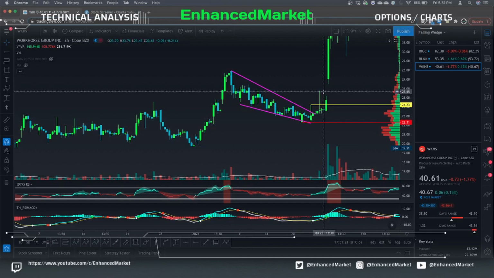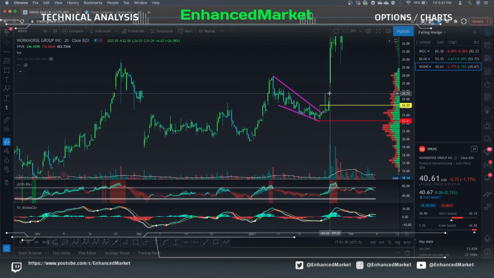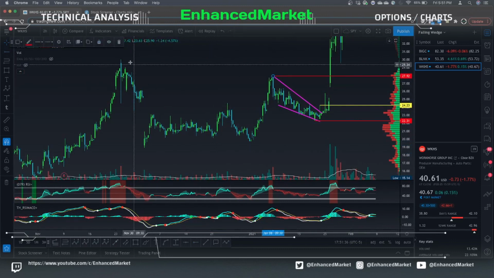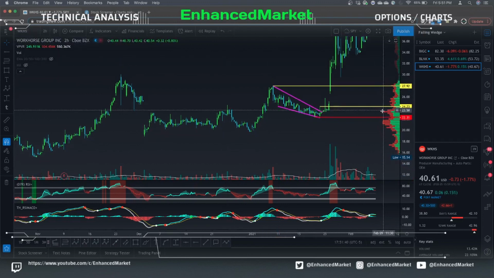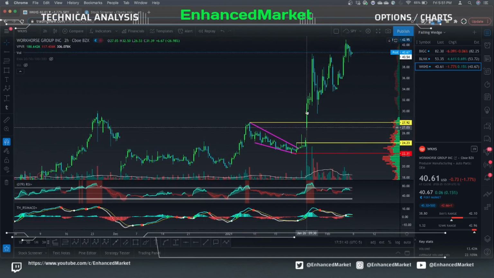So we had a nice move up, but then we pulled back, but you wouldn't sell because your stop loss wasn't hit yet. And as you could see, your first target would be that candle again. And then the next target would be the top of the falling wedge. And as you could see, it exploded to the upside.